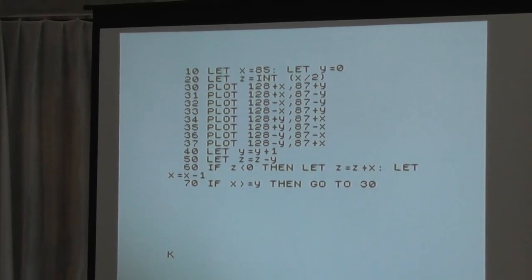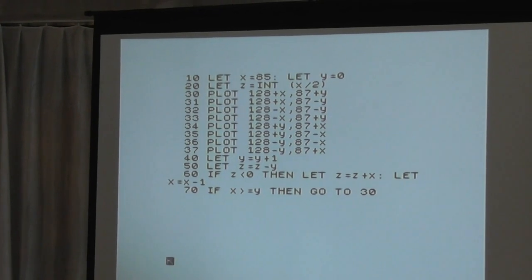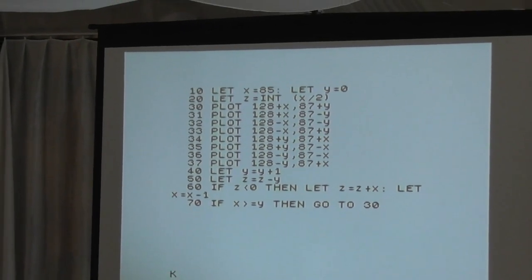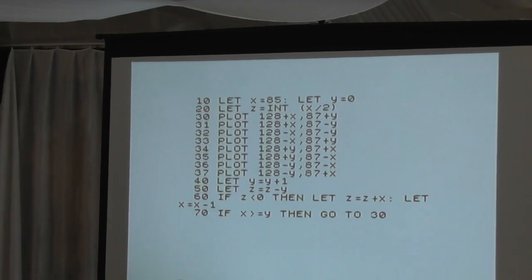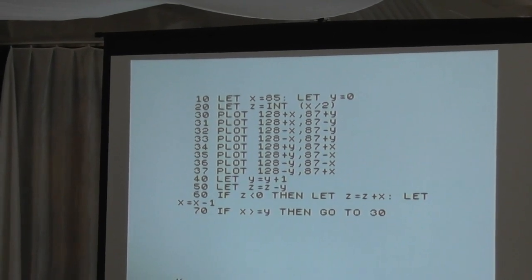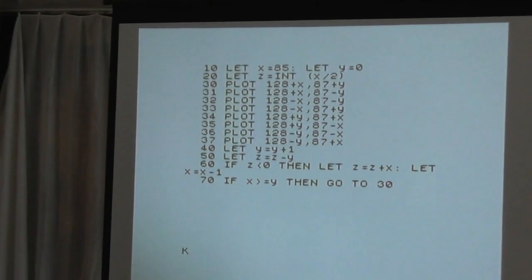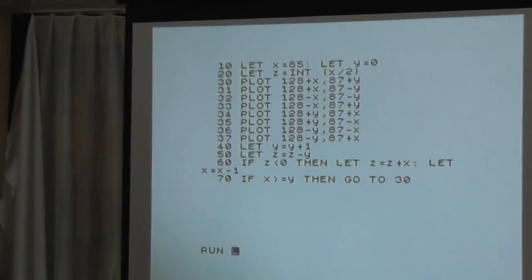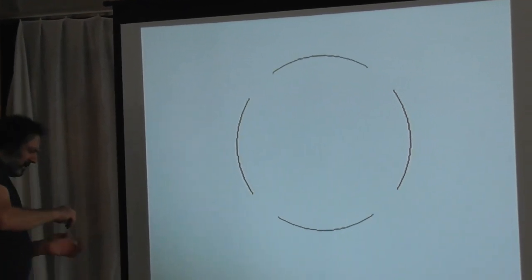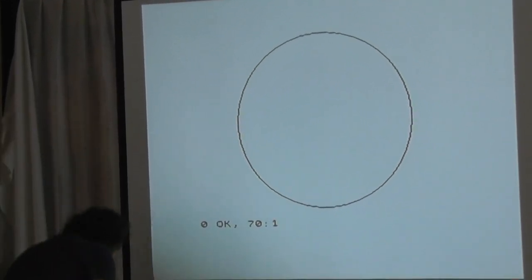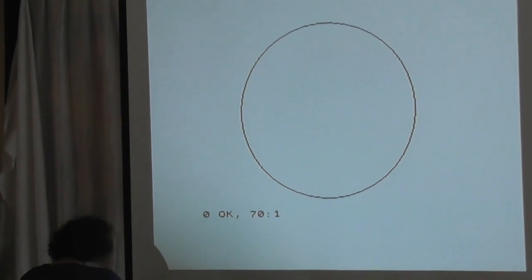There's a division by 2, but as everybody knows, division by 2 in binary is just a shift. So there's actually no multiplications, no divisions, and essentially no additions and subtractions. So this is actually faster than Bresenham and draws perfectly nice circles.